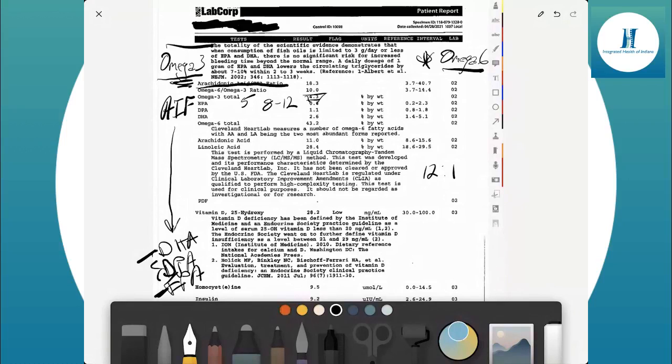We did a vitamin D, a 25 hydroxy vitamin D, and this person is low. Once again, talking about the lab range, look at the range from X to Y, from 30 to 100. In functional medicine, we are saying 50 to 80. If you get too much, you start to throw stones.